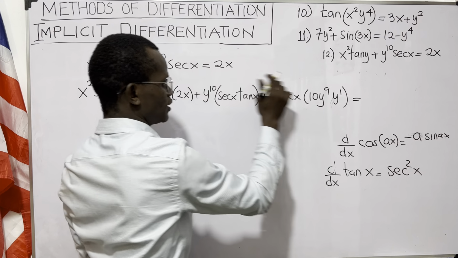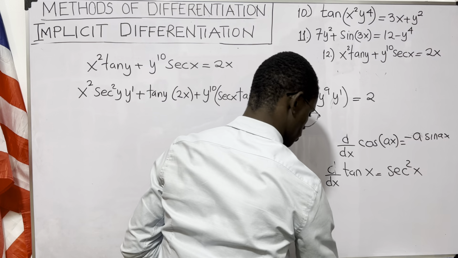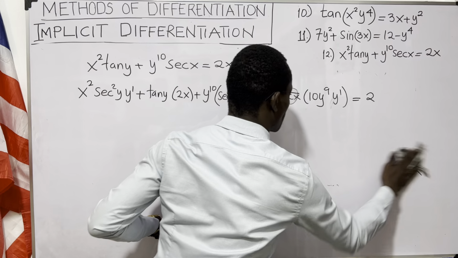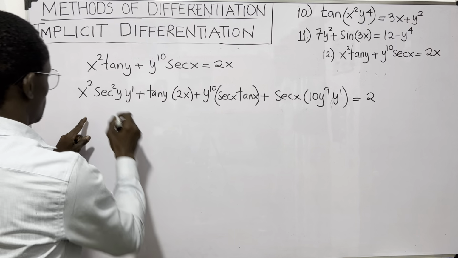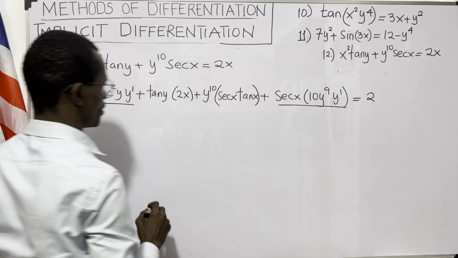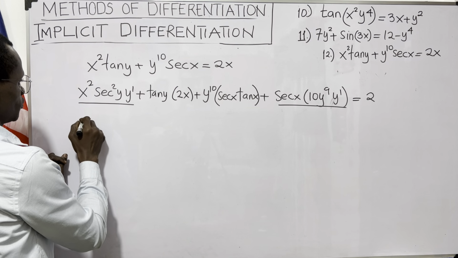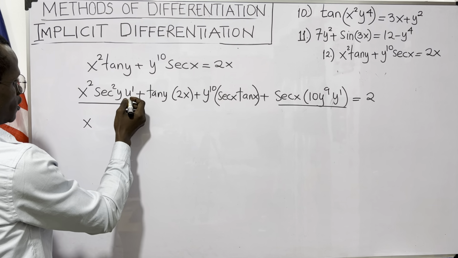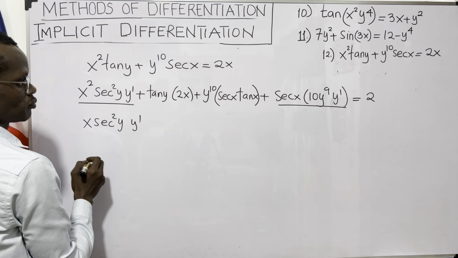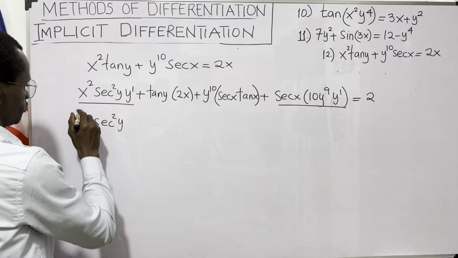The derivative of 2x is just 2. So we can now solve for y prime. This term has y prime, and this term has y prime. We must group them. x secant square y prime. So we just group them.